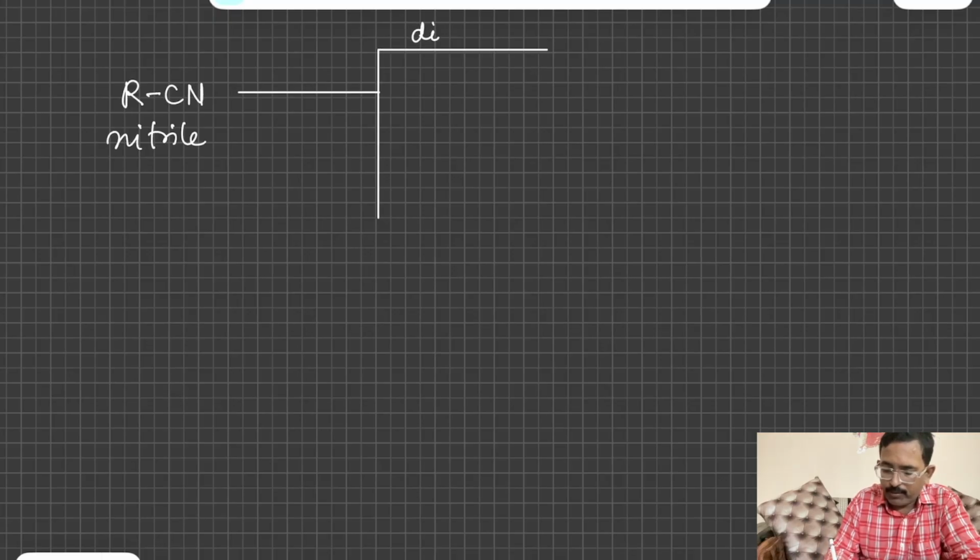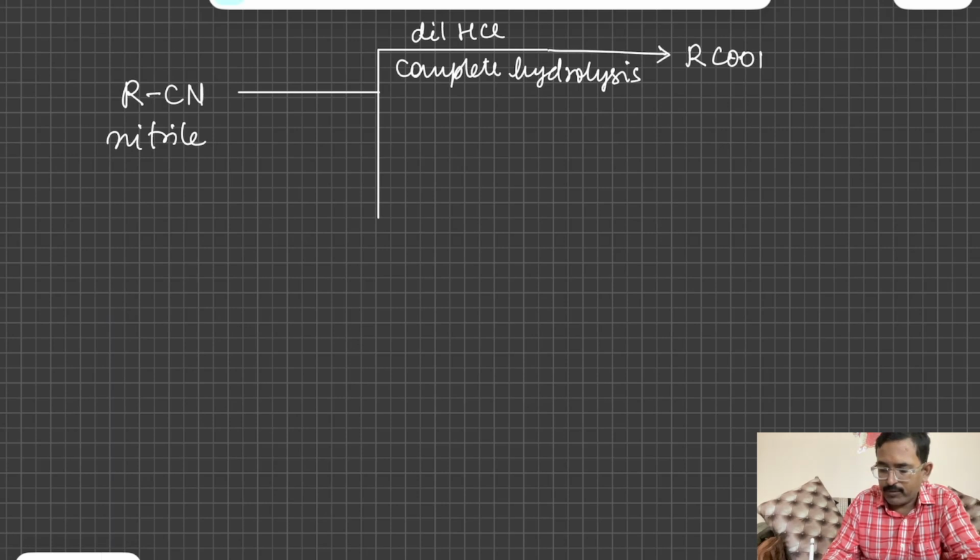First of all, complete hydrolysis with dilute acid. Formation of RCOOH takes place. The second one is partial hydrolysis with concentrated acid.